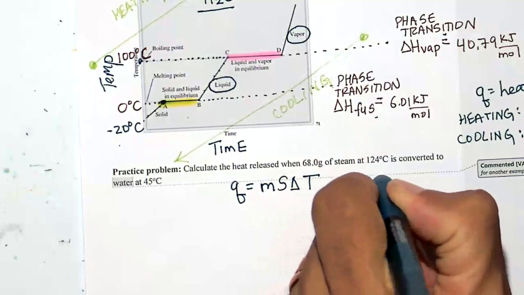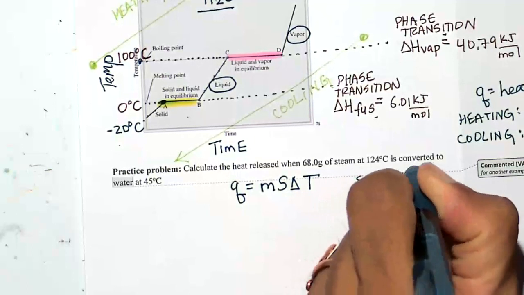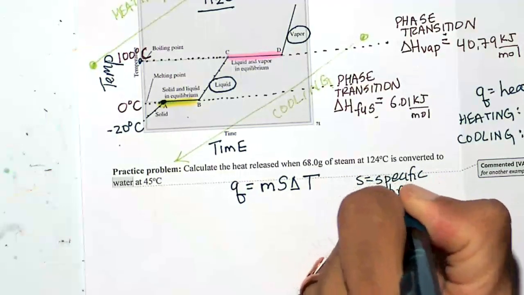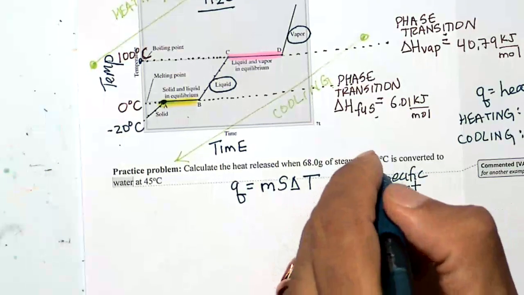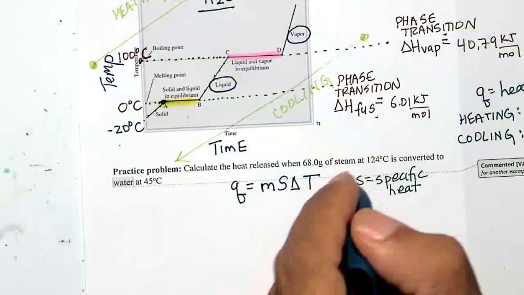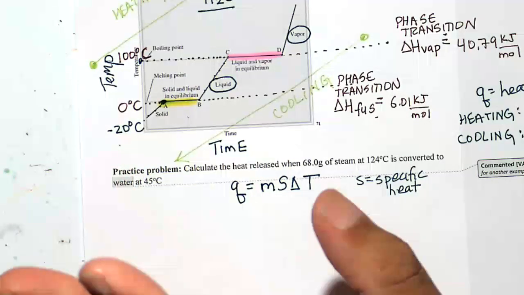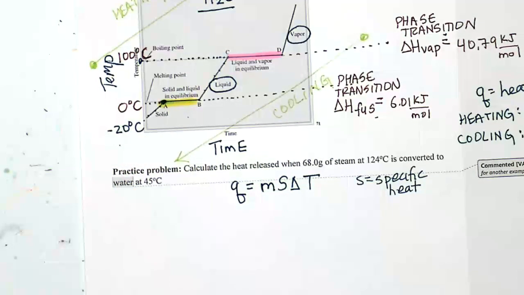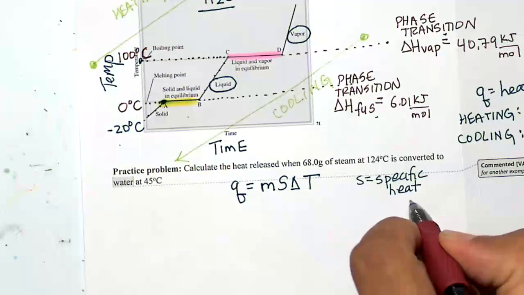So S is what's called specific heat. It's the heat required to raise 1 gram of a substance by a temperature of 1 degree C. If you know that, good. If you don't, that's okay. I'll give you that constant anyways.